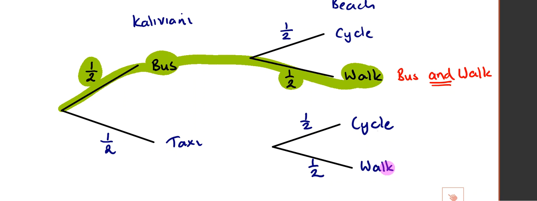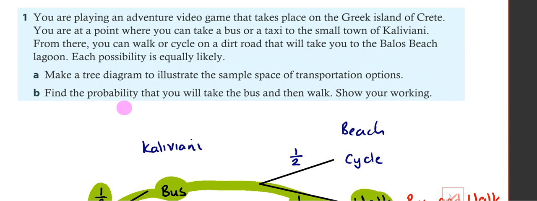So when you choose bus, you take the bus, you get dropped off, and let's say there's a bike next to you, you can choose walk or cycle. And when you choose walk, that's the second option, so you've chosen 2 out of the 3. The question says the probability that you take the bus and walk.